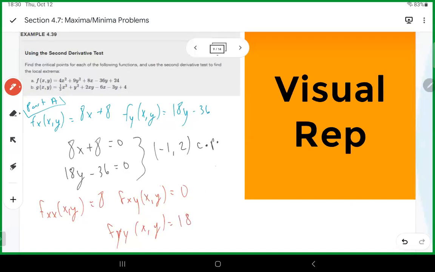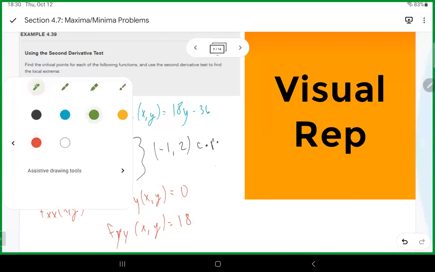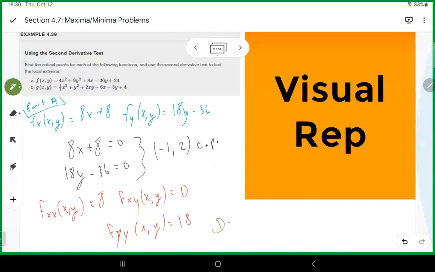So now we want to plug it into the discriminant, which would give us 8 times 18 minus 0 squared, which is 144.